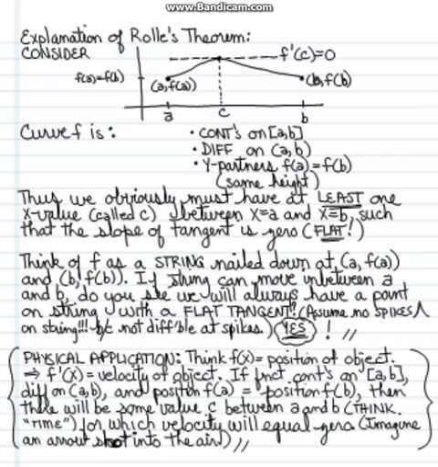If the function's continuous on the closed interval a, b, and differentiable on the open interval, and the position f of a is equal to the position f of b. In other words, the initial and final positions are the same. Then there will be some value x equals c between a and b. Now think time, and instead of an x value, you might think of t.